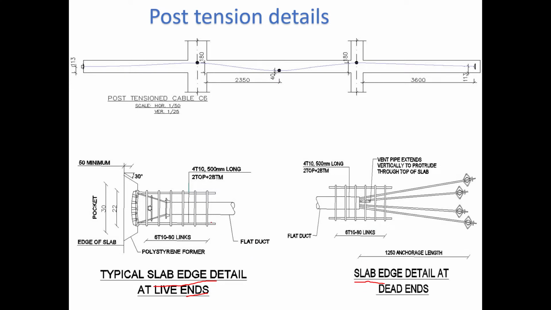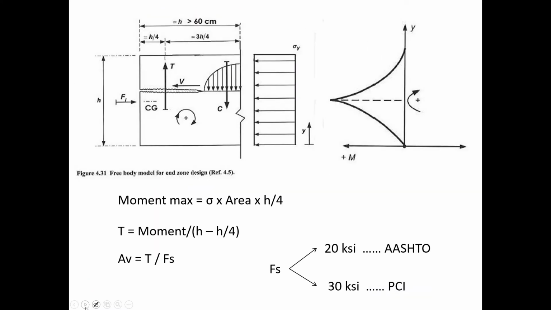Because at the live end we must reinforce, because we have a high jacking force, and also at the dead end, just to avoid any failure in the concrete section during the casting process. So this model explains why we need reinforcement actually, in the end zone design.